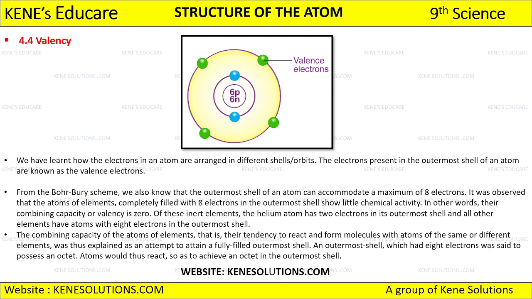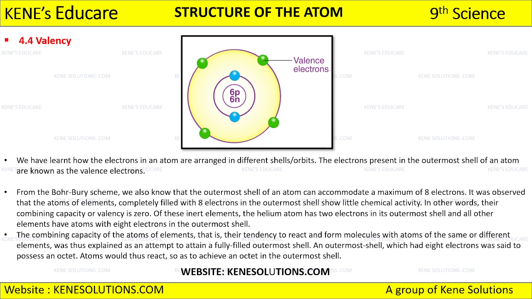According to the Bohr-Bury scheme, we don't add 18 or 32 electrons in the outermost shell; we just add till 8. So if it has 8 electrons in its outermost shell, its valency is 0, because it doesn't require any more electrons. It is neither going to gain nor lose any.